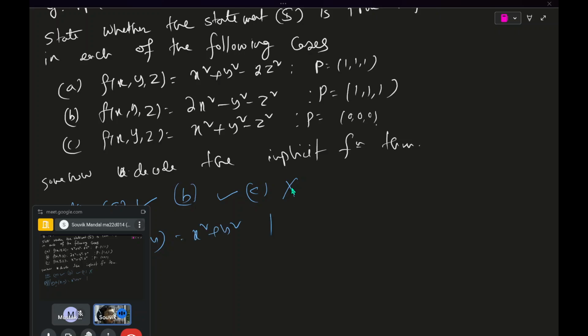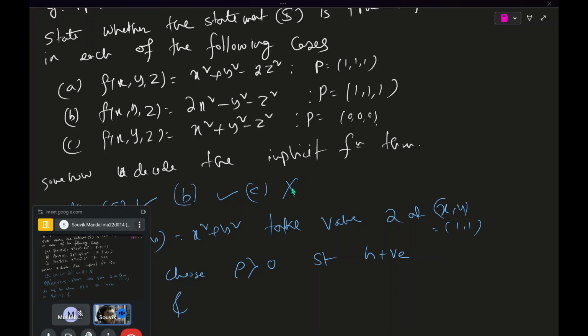This takes the value 2 at (x, y) equal to (1, 1). So we can choose ρ greater than 0 so that h is positive in the ball around (1, 1), and put z equal to g of x, y equal to the square root over h of x, y.